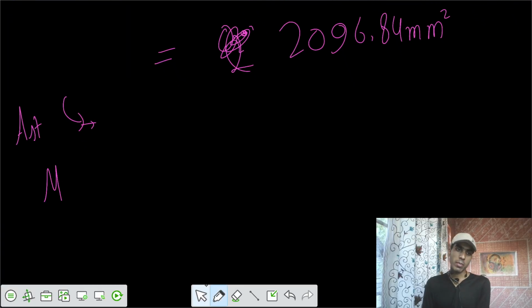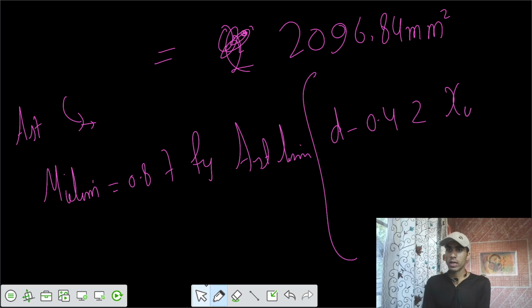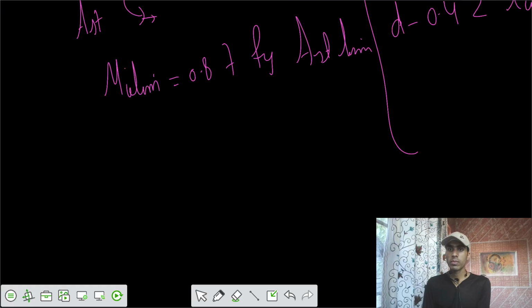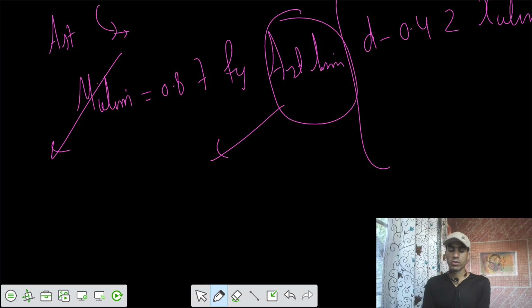If I write MU limiting equals 0.87 Fy AST limiting times D minus 0.42 XU, and the value of XU we can write as XU limiting, I know the value of XU limiting, and I also know MU limiting, so I can get the value of AST limiting from this equation also.